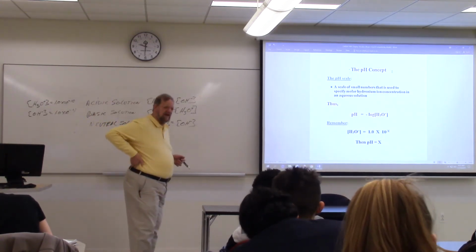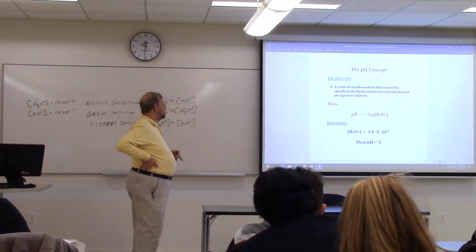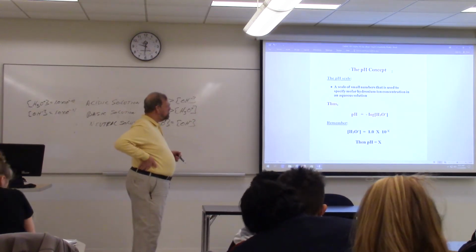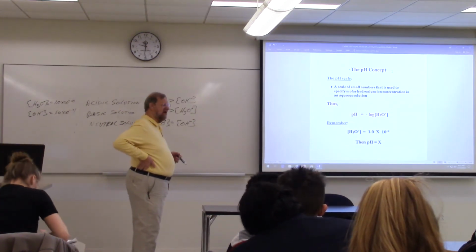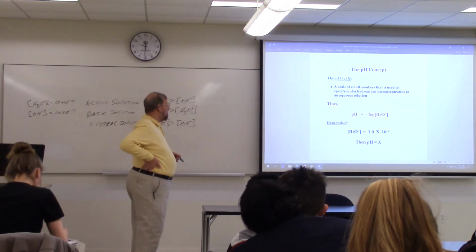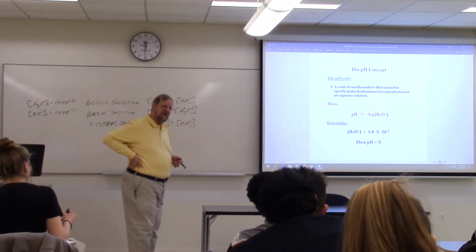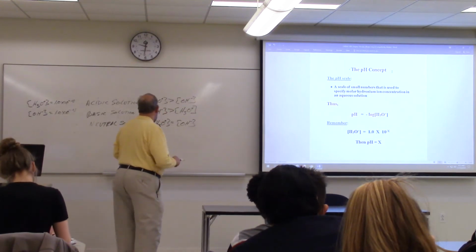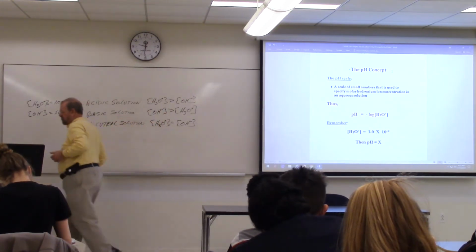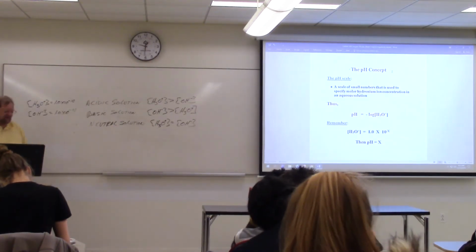pH is a scale. It's a small scale of numbers that is used to specify the molar hydronium ion concentration in an aqueous solution. This will be given to you, but you have to know how to use it.